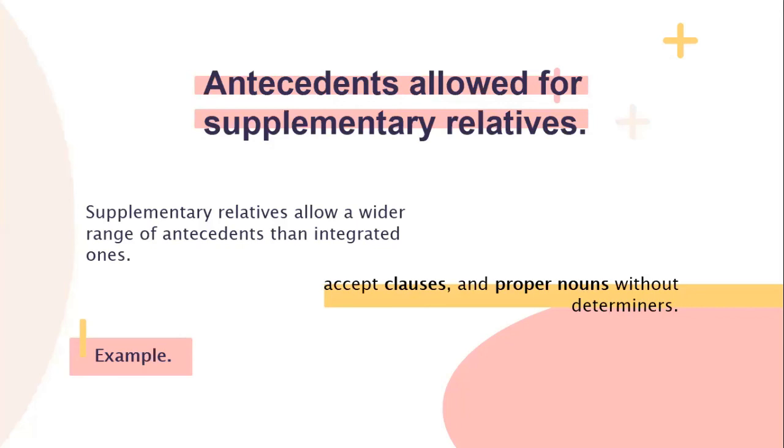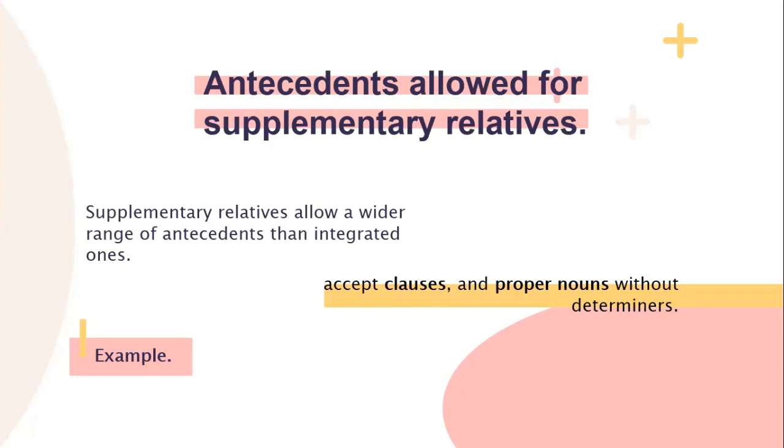The second difference is antecedents allowed for supplementary relatives. Supplementary relatives allow a wider range of antecedents than integrated ones.